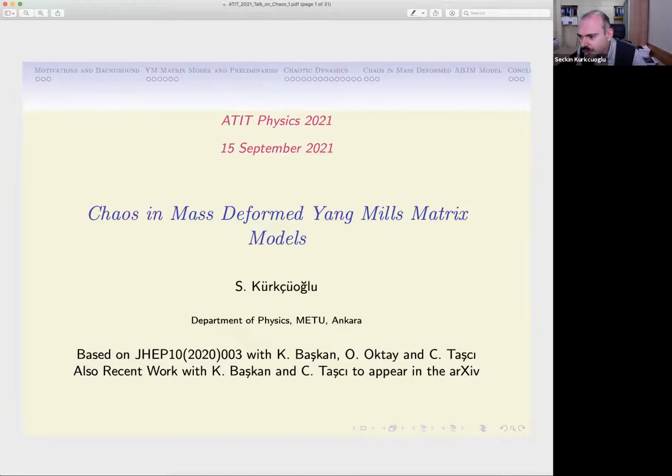Cankut recently went to the US to City College. He is now in Manhattan and he's enjoying himself before the classes start there, I guess. I will also mention some recent work that we did with Kaan and Cankut that will hopefully appear on the arXiv as soon as possible, after I finish typing the paper.